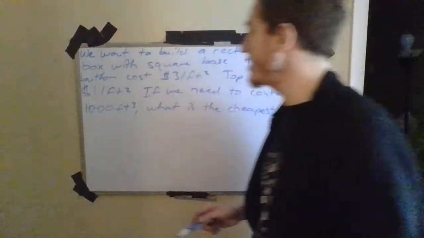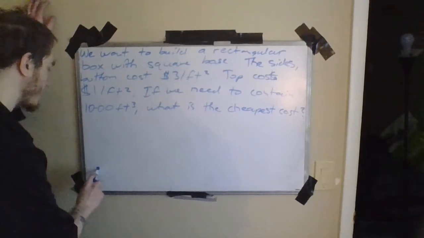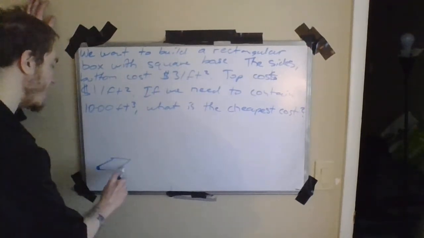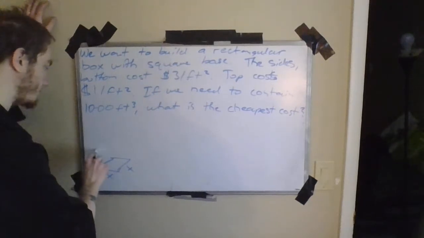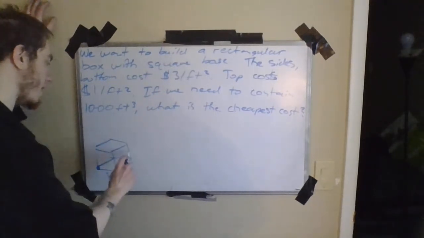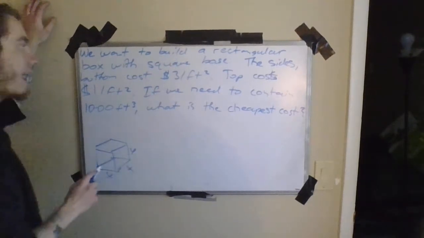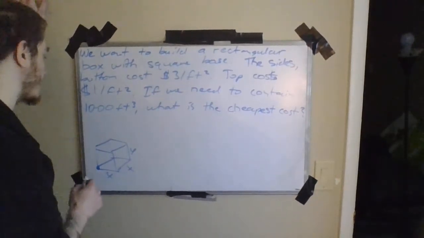The next thing is to make sure that we understand the setup. So I'm going to say, let's say that the base is x by x. And then the height of this thing is going to be y. So here is what we can say in terms of the objective and the constraint.